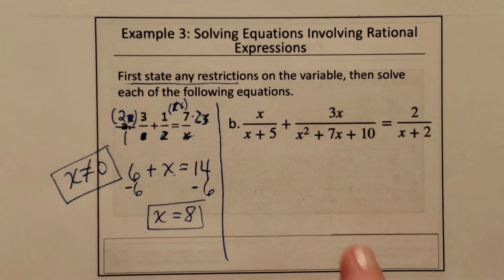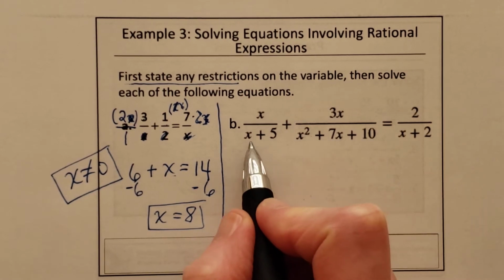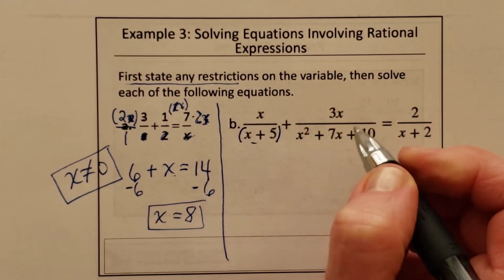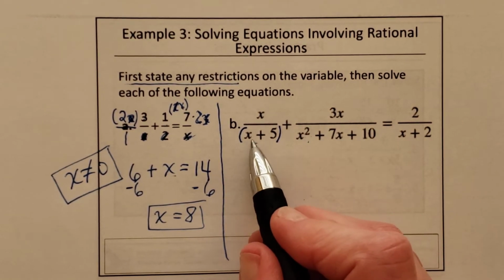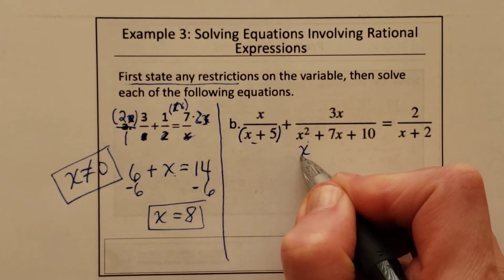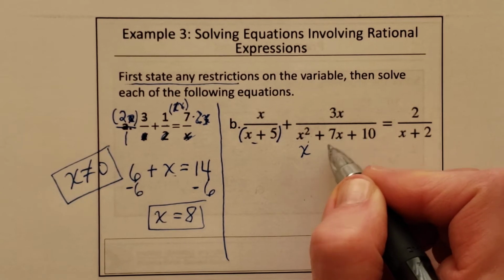So remember when we had these problems earlier, I said if you have a trinomial and the other denominator is something like this, then I betcha that part of this answer is going to be x plus 2, excuse me. So let's go ahead and tear this apart. What's two numbers that multiply to give me 10 but add to give me 7?